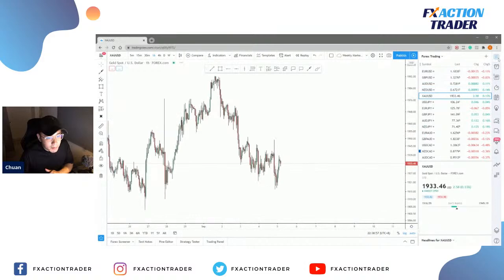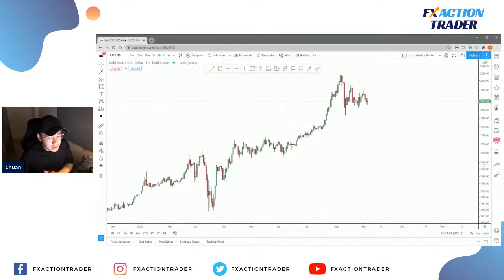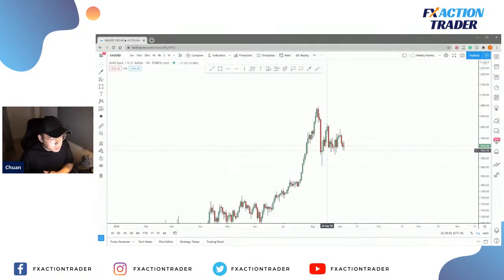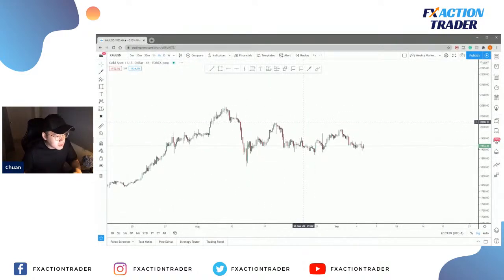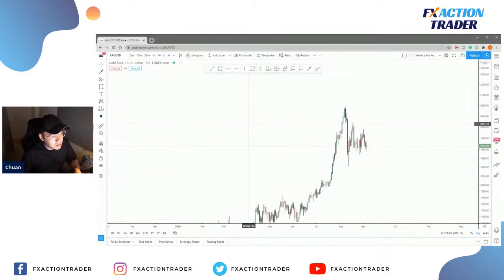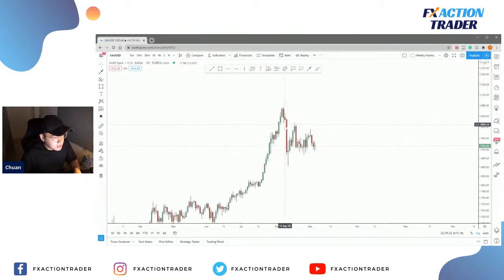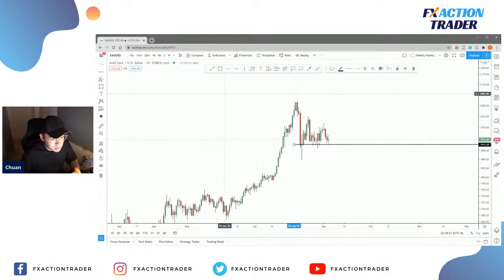So for the gold pair, let us see on gold. On the daily chart, we have around two to three weeks of sideways, but because of the trading volume on gold, the volume is very big. But I believe that gold overall is still in the uptrend, because on daily, I still do not see any evidence for sell, unless this level is broken.